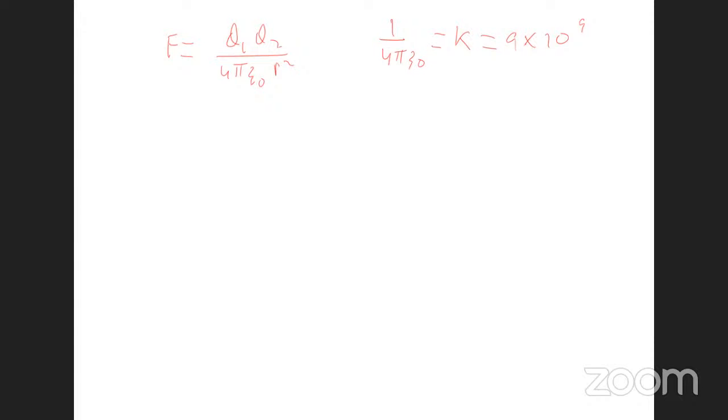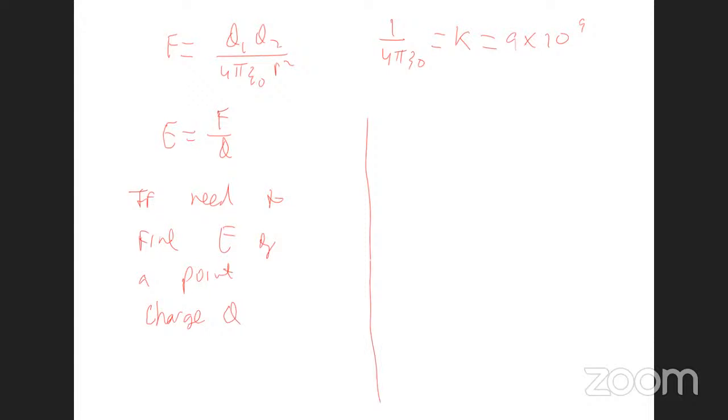So we know that F is equal to Q1, Q2, all over 4 pi epsilon r squared, and E is equal to F on q. If we need to find the electric field strength of a point charge Q, let's see how we're going to use these two relationships. Remember, electric field strength is equal to F on q.